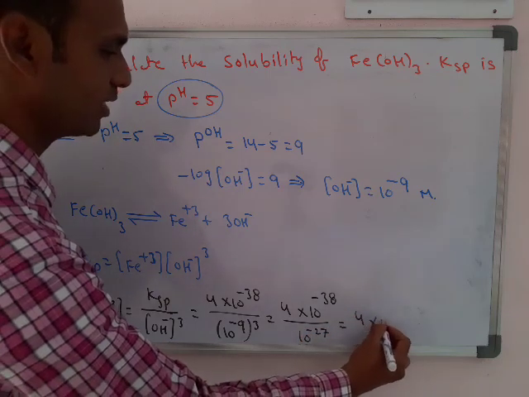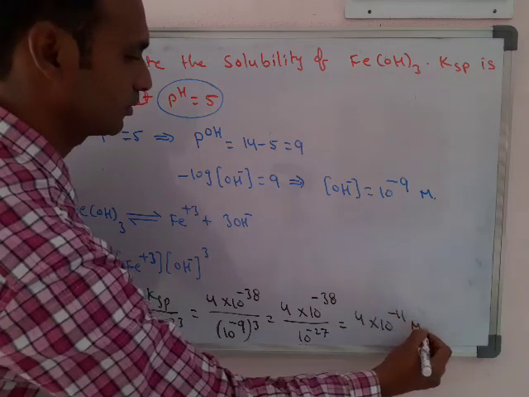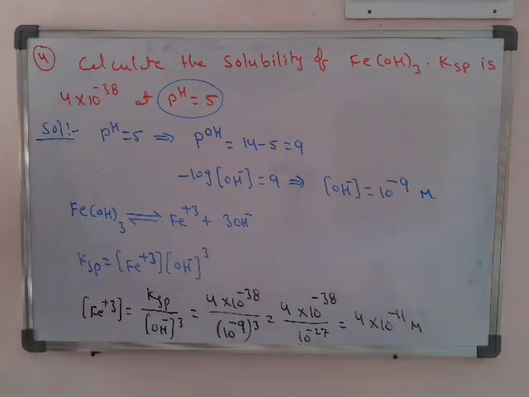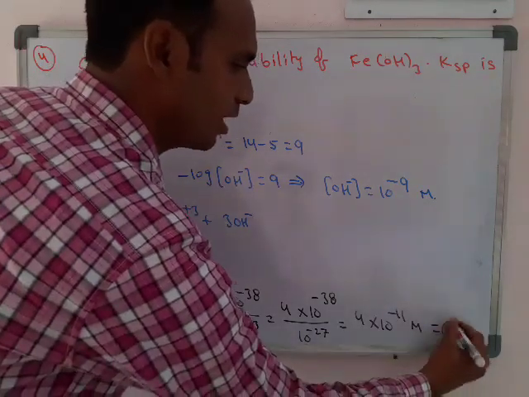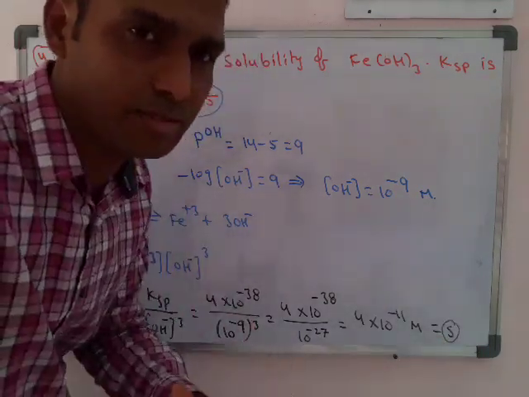So finally we get 4 into 10 to the power of minus 11 M. So it is nothing but the solubility of Fe plus 3.